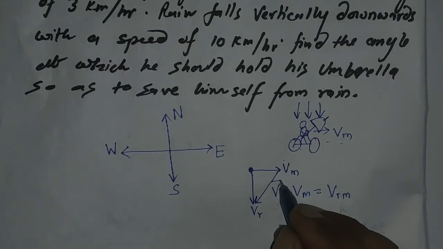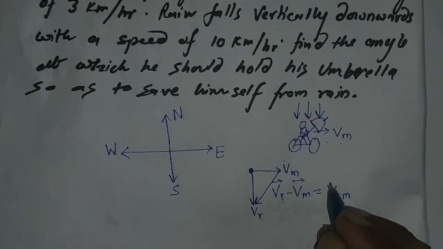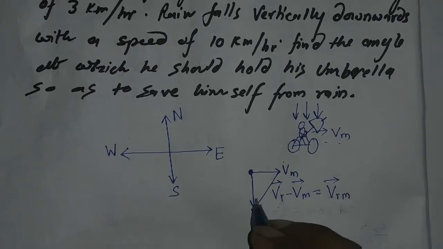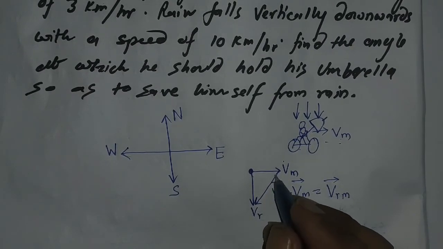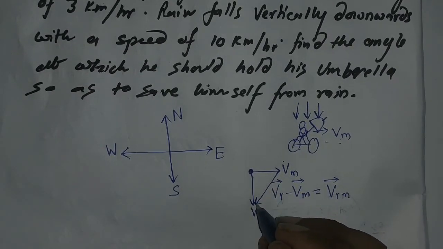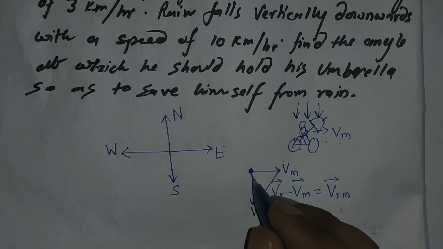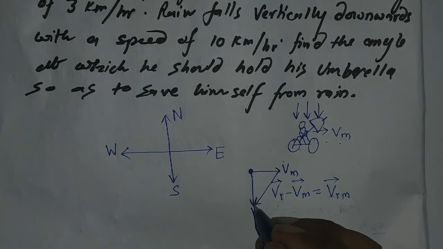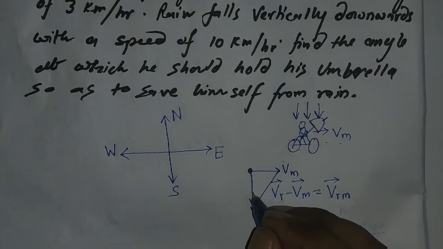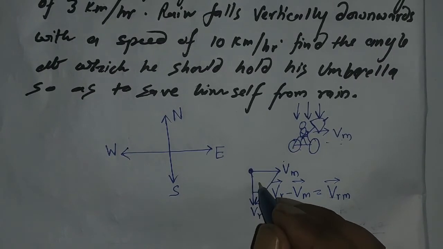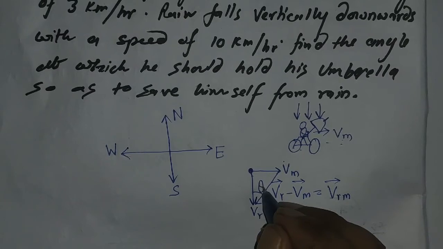These are the vectors. Now students, in the man's eye, the direction of velocity of rain would be this, but in actual it is this. For saving himself from the rain, he will have to bend his umbrella to this angle, theta.